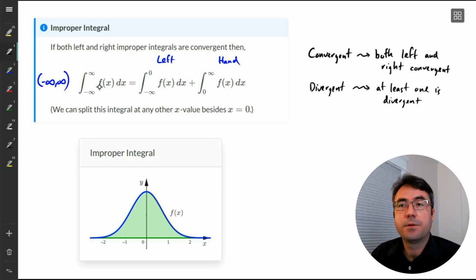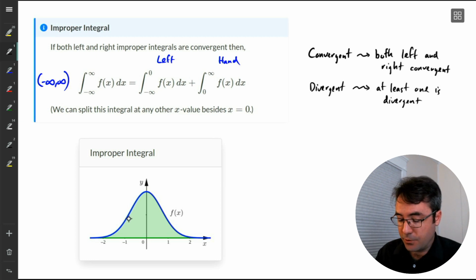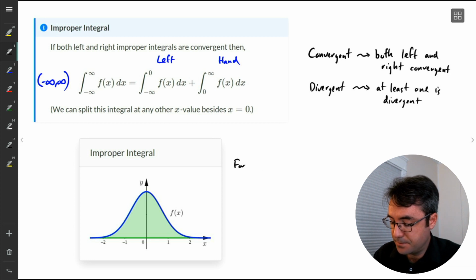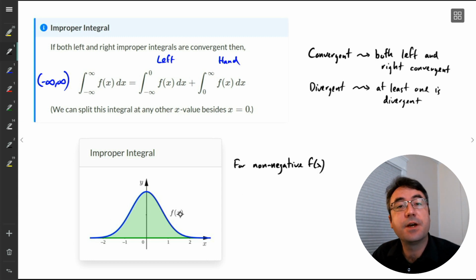So we're looking at this improper integral where we extend all the way from the left all the way to the right, minus infinity to infinity. We're trying to integrate our function over all real numbers. And graphically, what this looks like for a non-negative function is we're calculating the area under the entire curve.